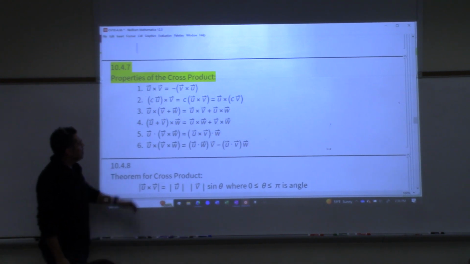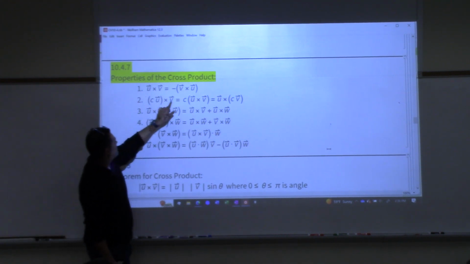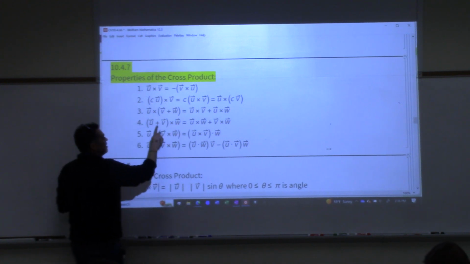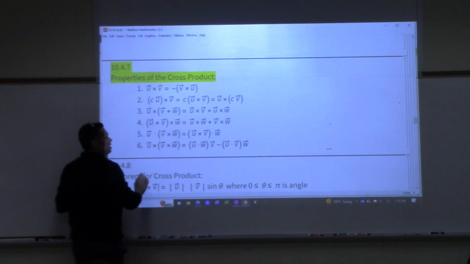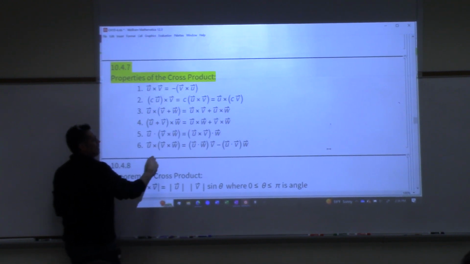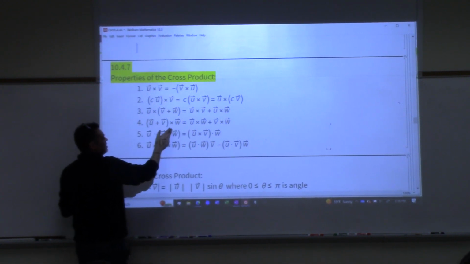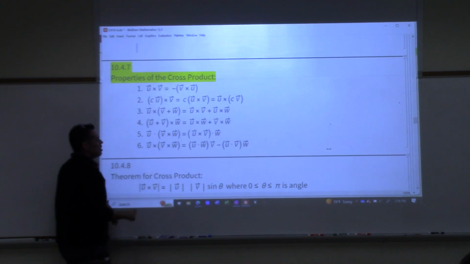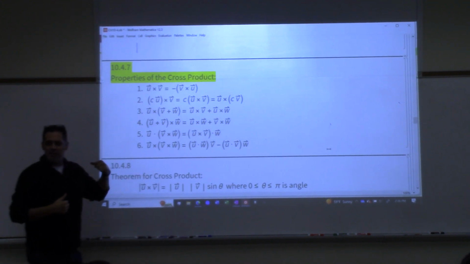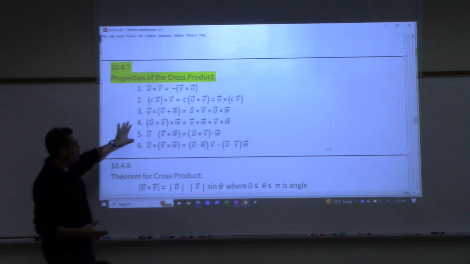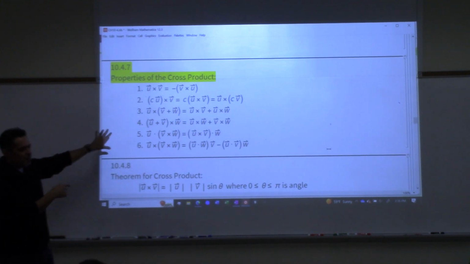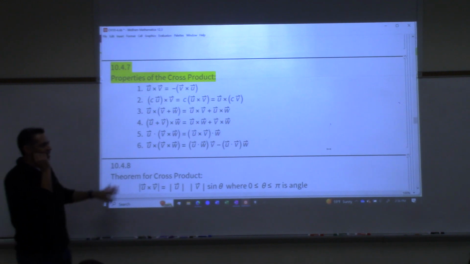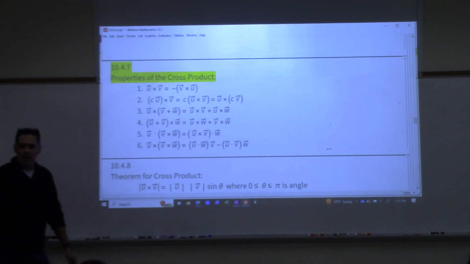And then there's a bunch of other properties that involve scalar multiplication, a distributive property of the cross product over addition, and then some weird associativity properties. So just know that these properties exist. If we need them later, I will come back and say, hey, let's use that one property. We don't use these a lot, but we just need to know that they're there, all right?